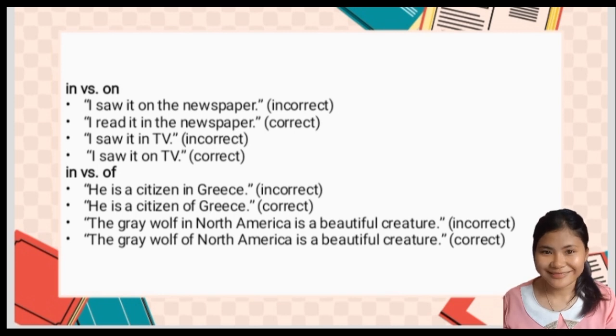But on the other hand, when we describe a place to which a person or thing is native, we use of, not in. So that is the reason why some of the examples are correct and some are incorrect. It depends on context. Thank you.